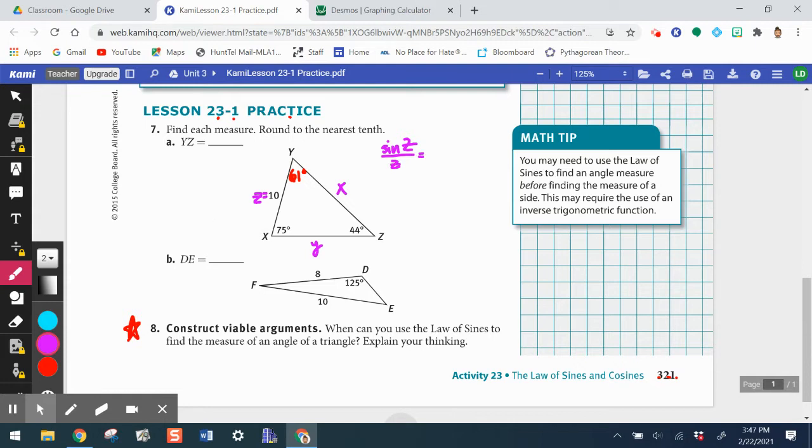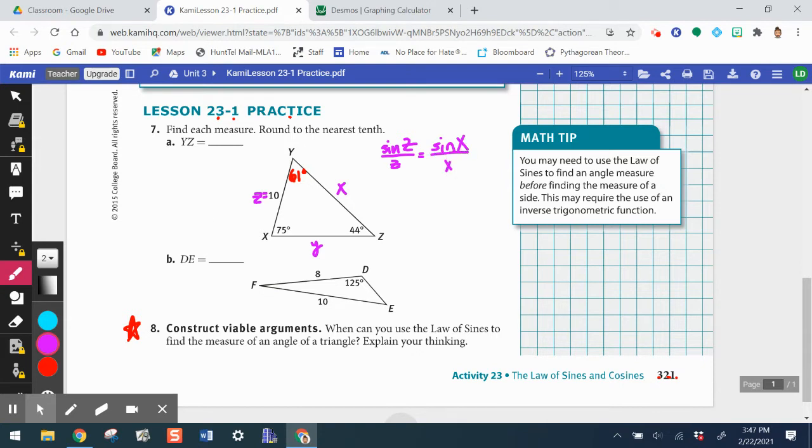If you're wondering how do I know which ratio to use, it's right there. We need to know an angle measure and its opposite side, and we're definitely going to use that in this proportion. What we're really looking for is the distance from y to z, which is lowercase x. So we also use the sine of x over x, the length of the side we're looking for.